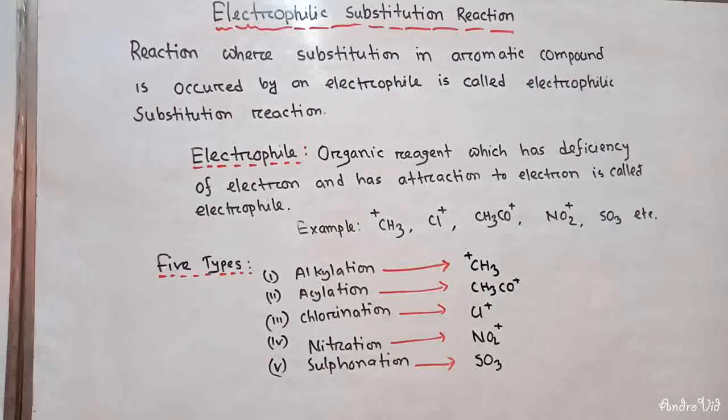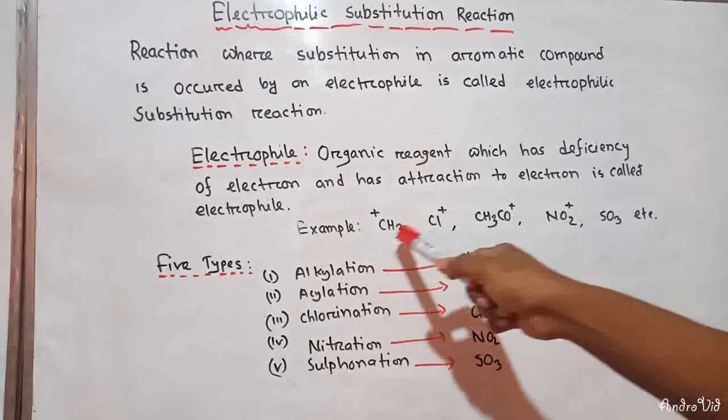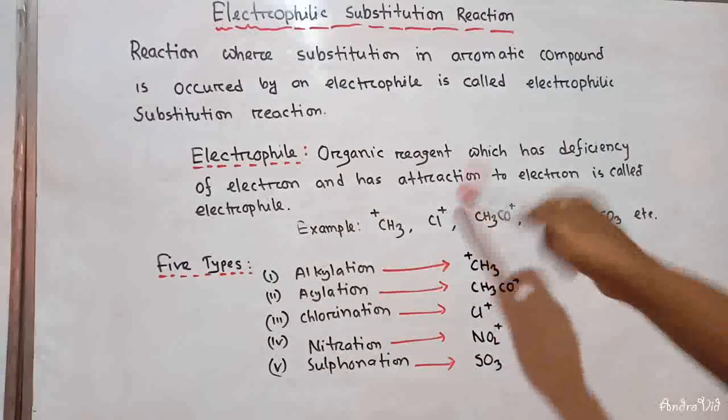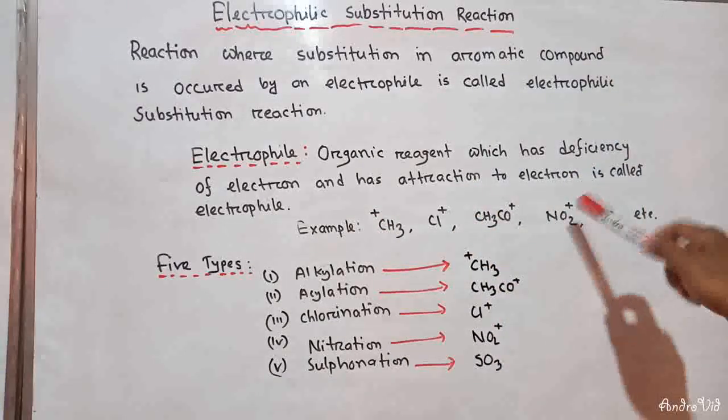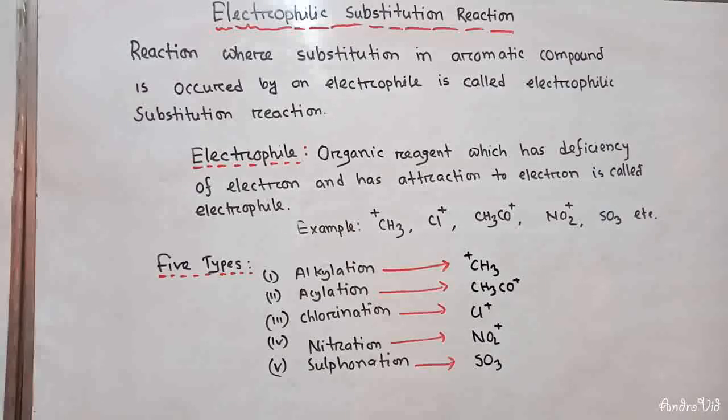You can consider these examples: methyl plus, chlorine plus, acyl plus, nitronium plus, SO3. All of them have basically deficiency of electron. Due to the deficiency of electron, they have greater attraction to the electron, and that's why they are called electrophile. So I hope you understand.